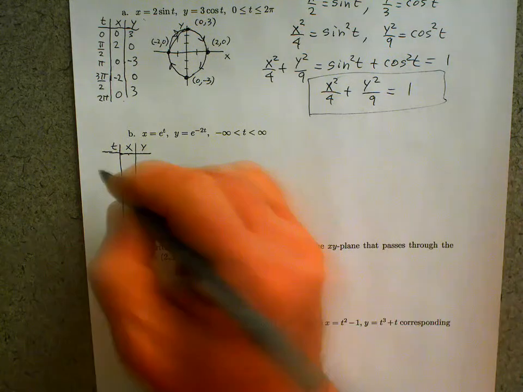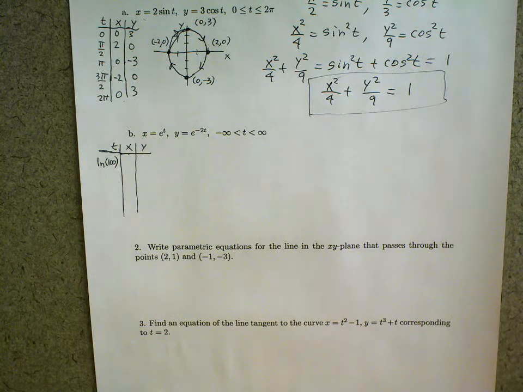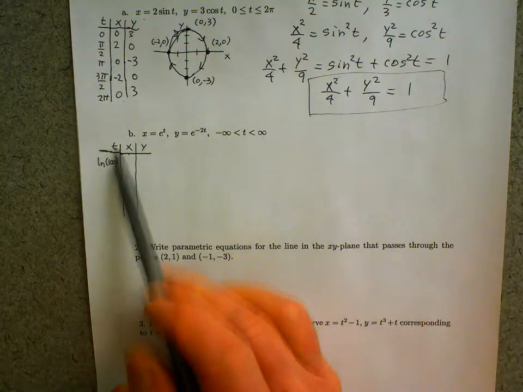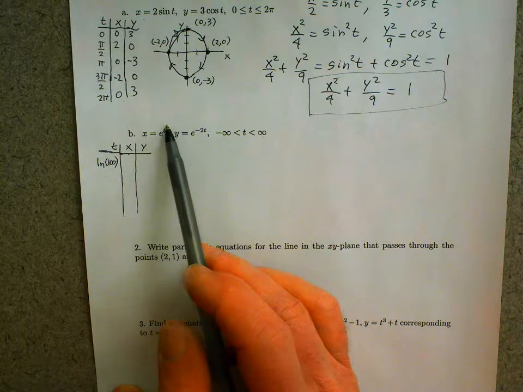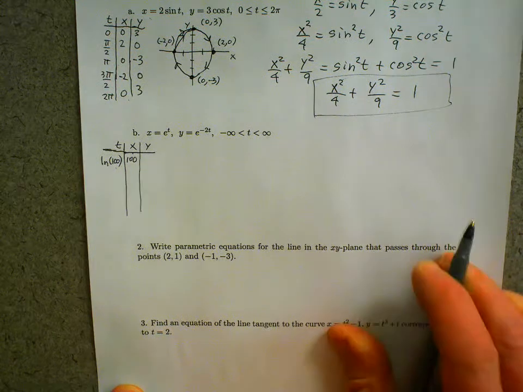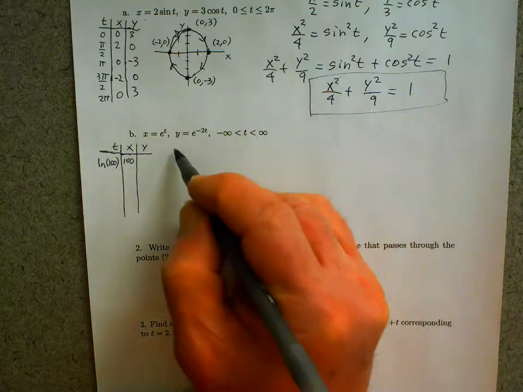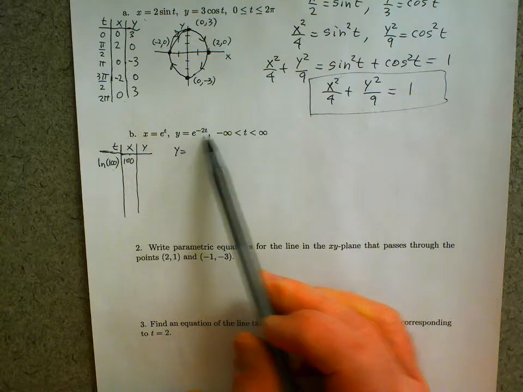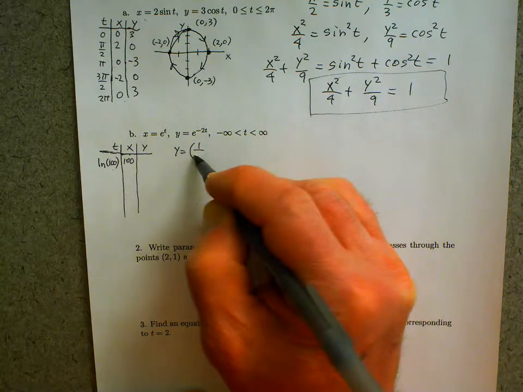So a positive number is the natural log of 100. So if t is the natural log of 100, then x is e to the natural log of 100, or 100. And what's y? Well, instead of e to the negative 2t, we can think of that as 1 over e to the t squared.